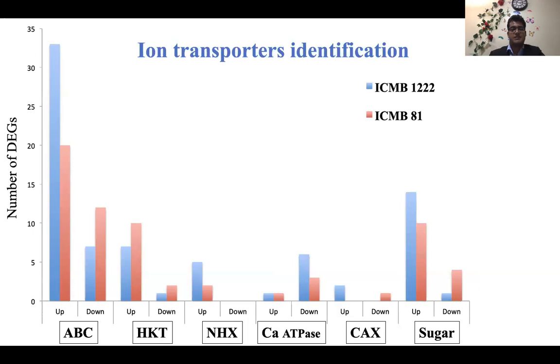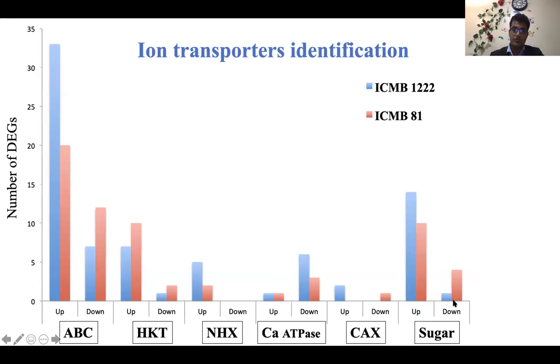After finding the transcription factors, we went for ion transporter identification, because during salinity stress, ion transporters play a key role in ion detoxification. So we found around 6 families of transporters. First one is ABC transporters, which are ATP binding cassette, and high affinity potassium transporters, sodium hydrogen exchangers and other transporters also.